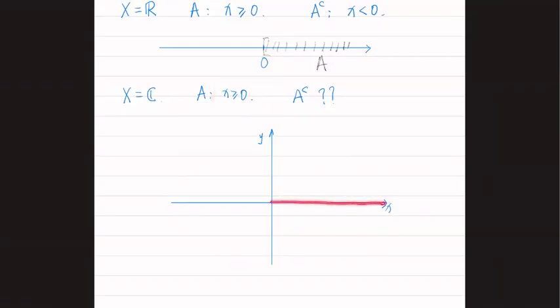It's this ray over there. Let me use a different color to emphasize. So this is our A. It's too thick, but this is good enough.